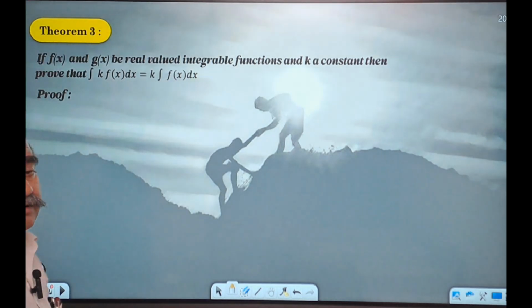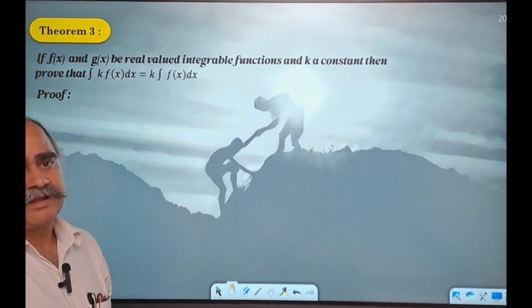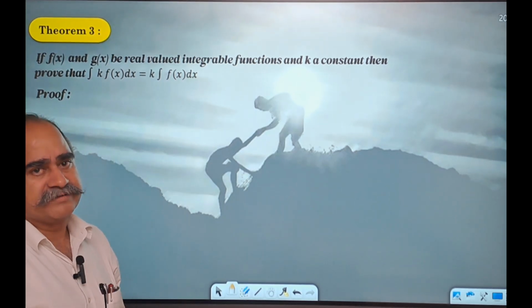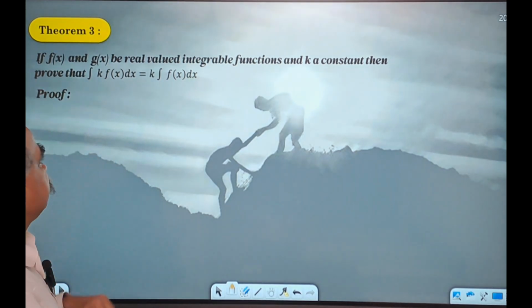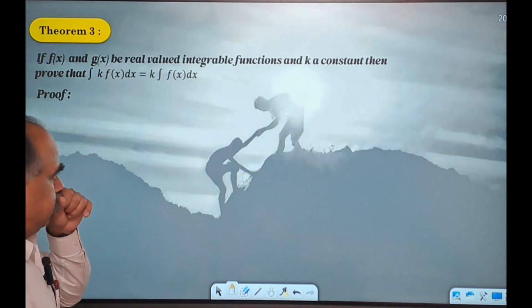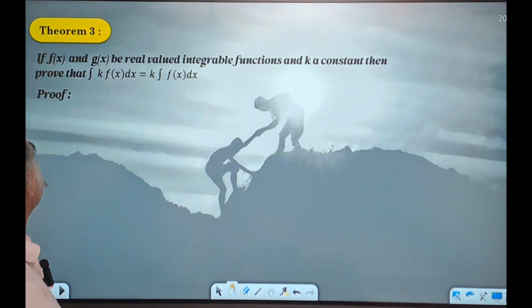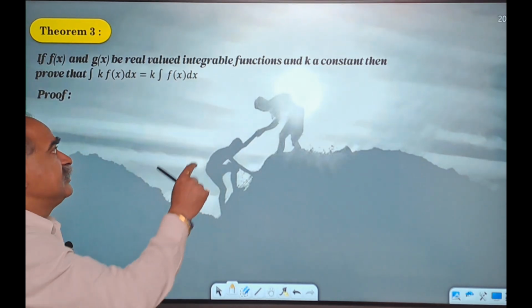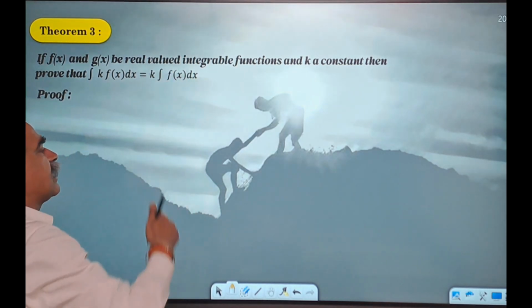Then second, while taking integration, constant will come outside. Let fx and gx be two real valued integrable functions and k a constant, then prove that integral k fx dx is k times integral fx dx. As I told, this individual integral we have to take as capital Fx.